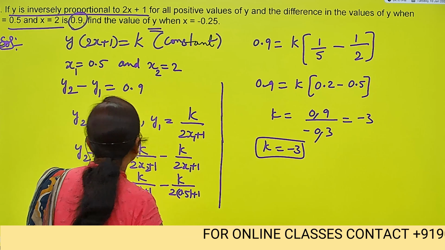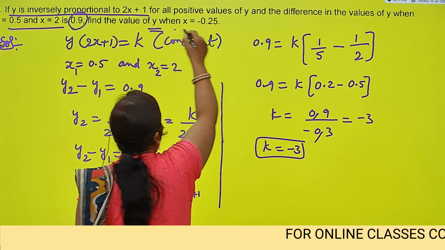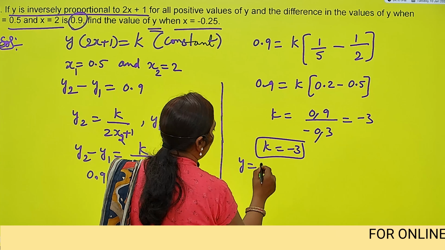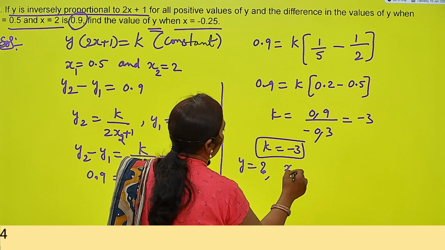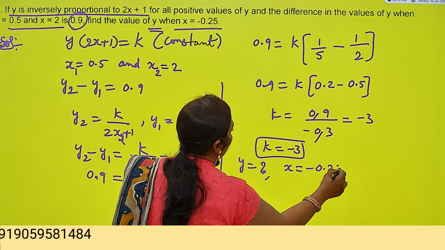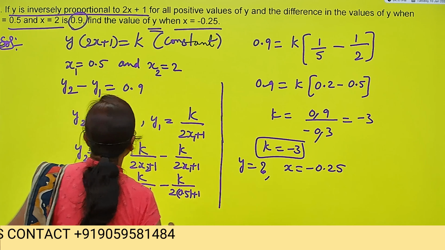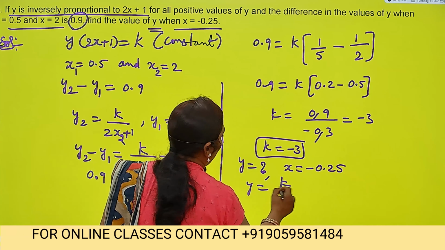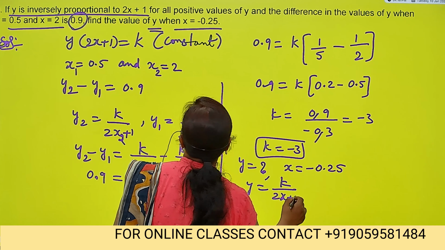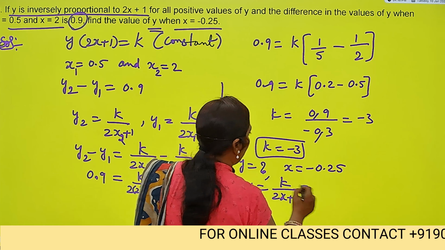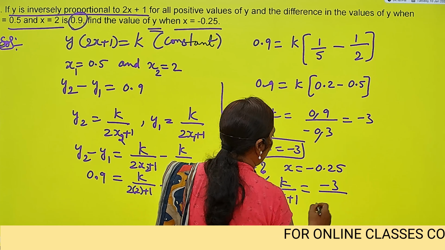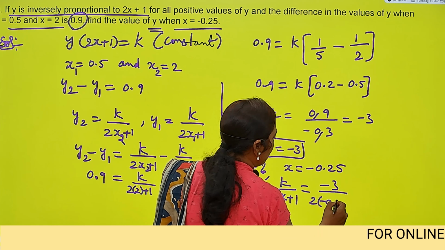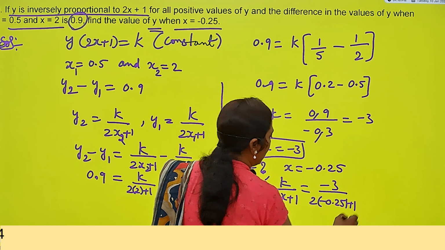What is the last question? Find the value of y when x equal to negative 0.25. What is the relation from here? y equal to k over 2x plus 1. k is minus 3 over 2 into minus 0.25 plus 1.